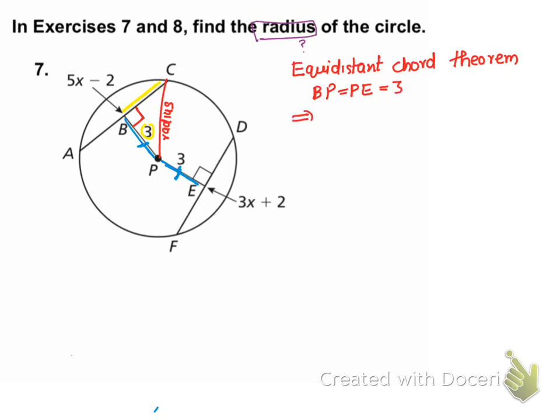That means our AC is congruent to FD. They're going to be congruent, and the moment I know they're congruent, I can set up my equation, and I would write down 5x minus 2 equal to 3x plus 2.